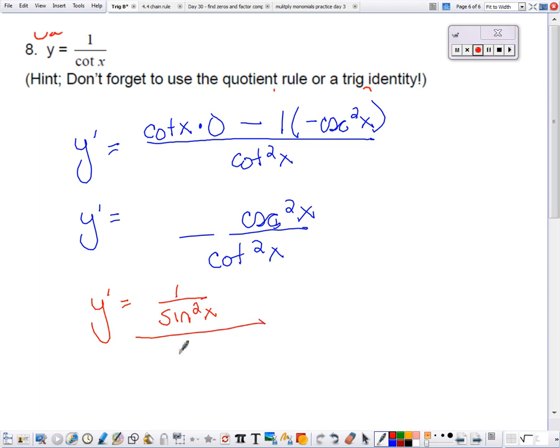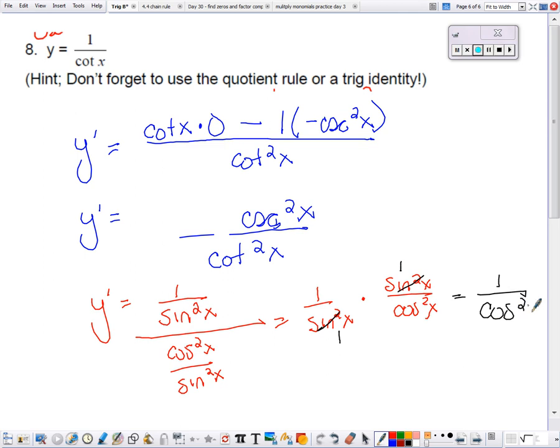Cotangent squared is cosine squared divided by sine squared. But now I don't like this complex fraction, so I can multiply by the reciprocal of my denominator. And these terms equal 1. So we're left with 1 over cosine squared, which is secant squared.